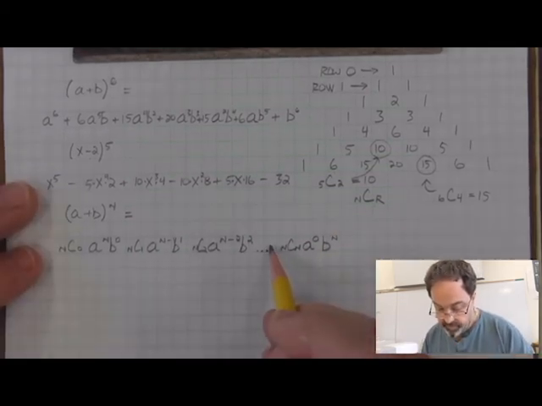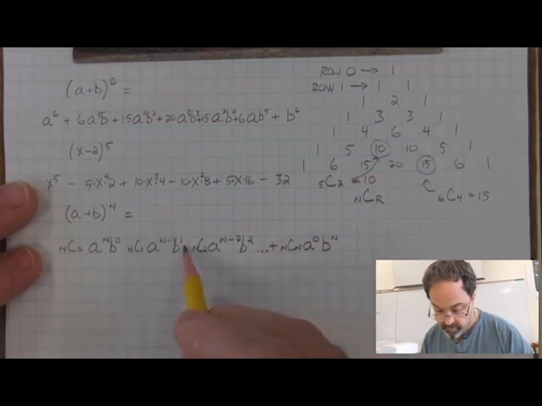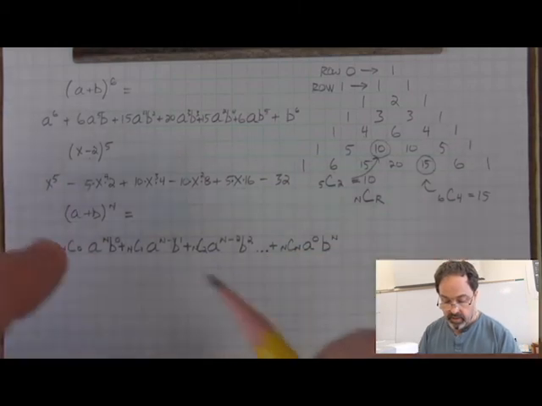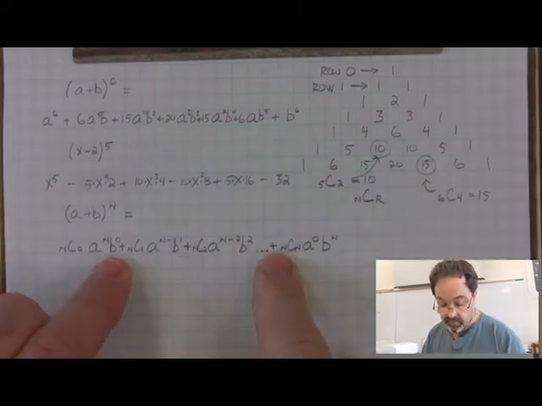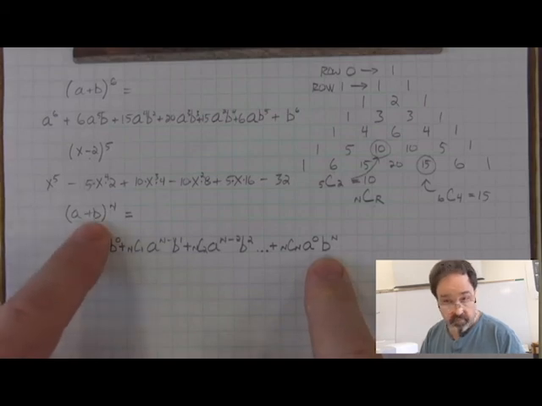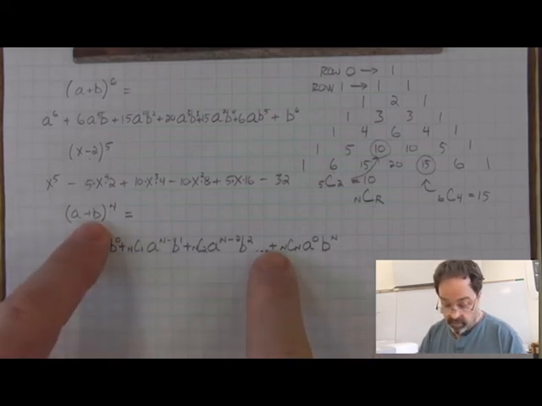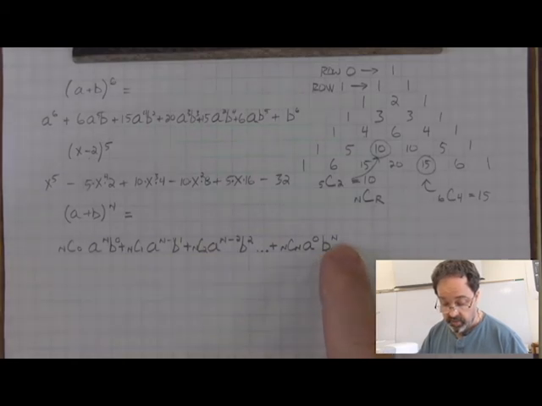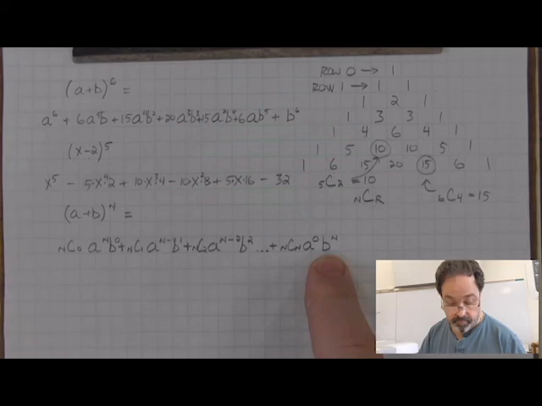Last thing to add is that this is the sum of terms. And if these terms need to be negative, it will be because the b value is negative, and the sign of the term will be determined by whether it is an even or odd power of that negative value b.